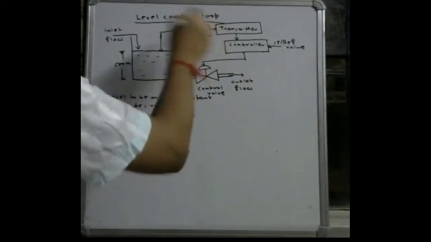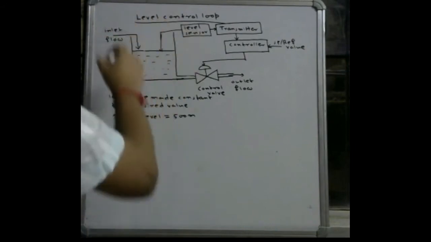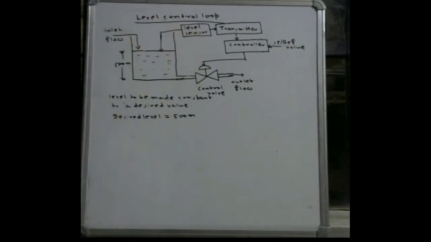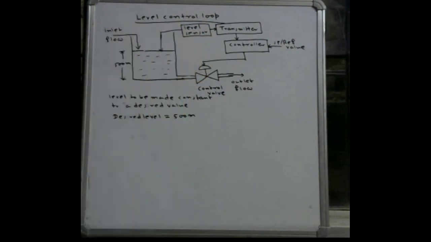This type of device is placed in the field where the process is going on. So the tank, the liquid level which is to be controlled, is our process, and near this process we place the sensor. The output of the sensor is in the form of voltage.